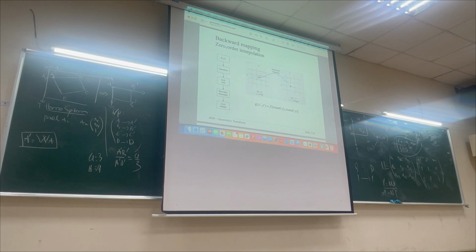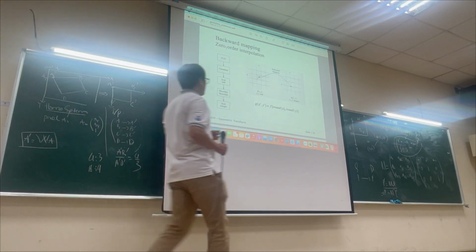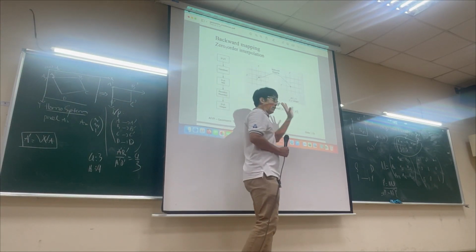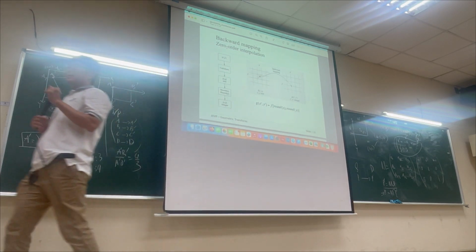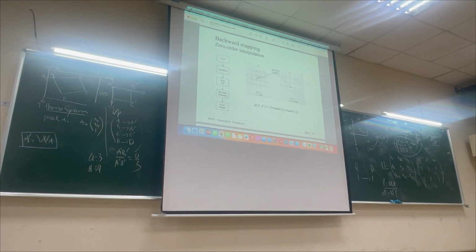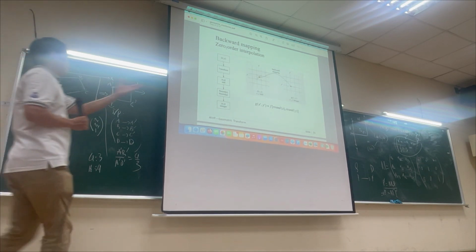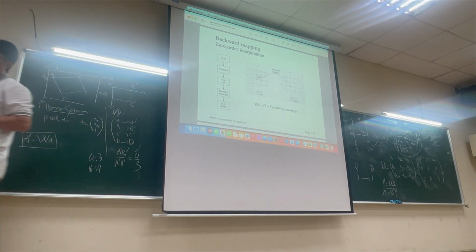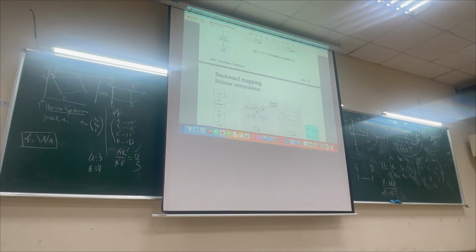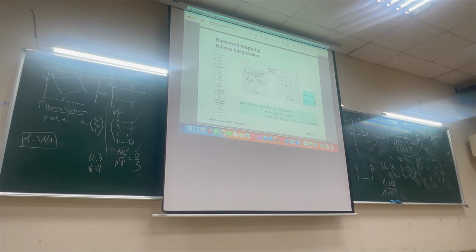Zero order. What is zero order? Zero order, because you just round the coordinate only. Or we call it nearest. In OpenCV or many libraries, they call it nearest: you round to the nearest pixel. And here is bilinear.